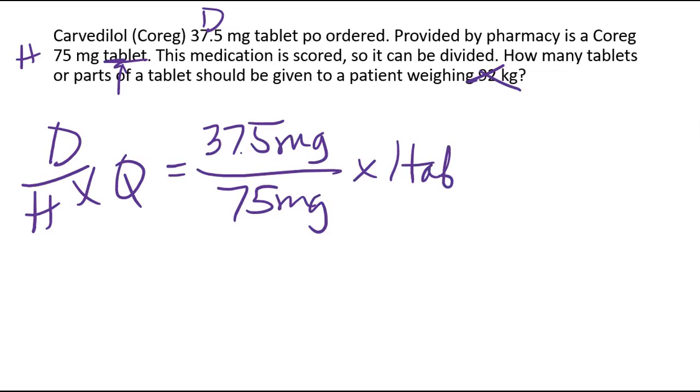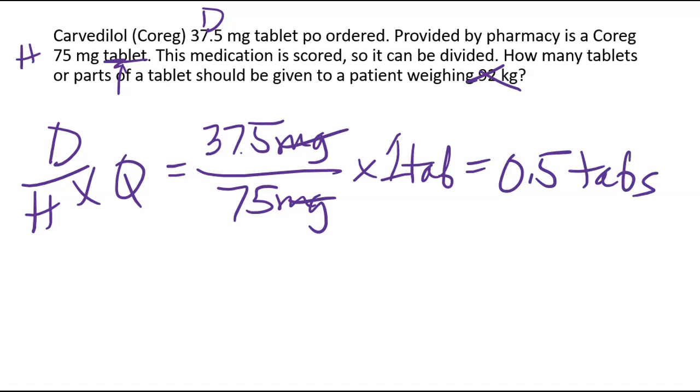That's what you're going to give to the patient. So 37.5 divided by 75 is actually 0.5 tablets, because we cross these out. They're the same units. So that's your answer, half a tablet.